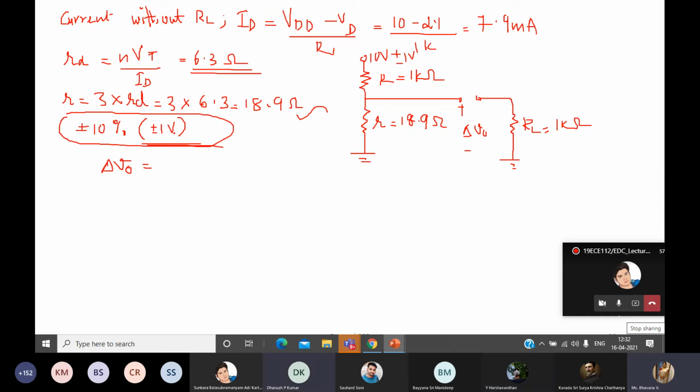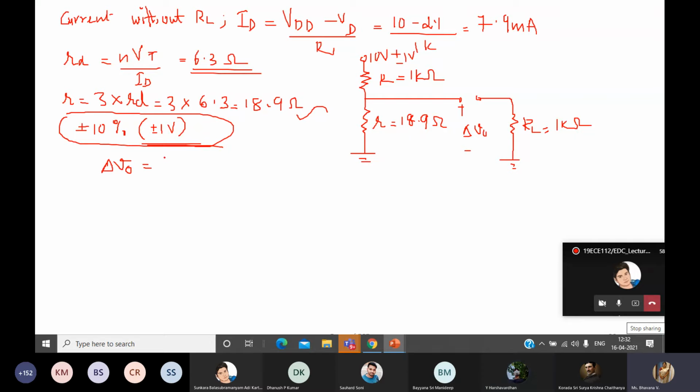Yes, ma'am. So what will be the peak to peak voltage? 1 is the positive peak, minus 1 is the negative peak. So what is the total peak to peak voltage? 2.